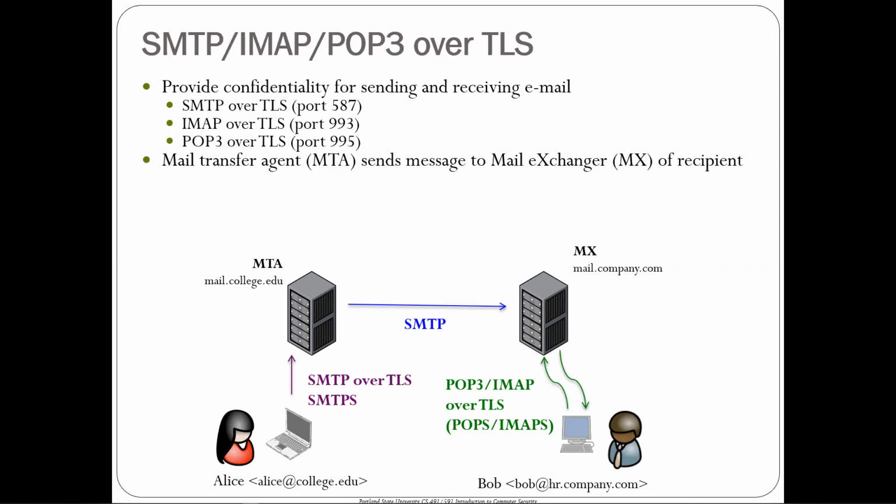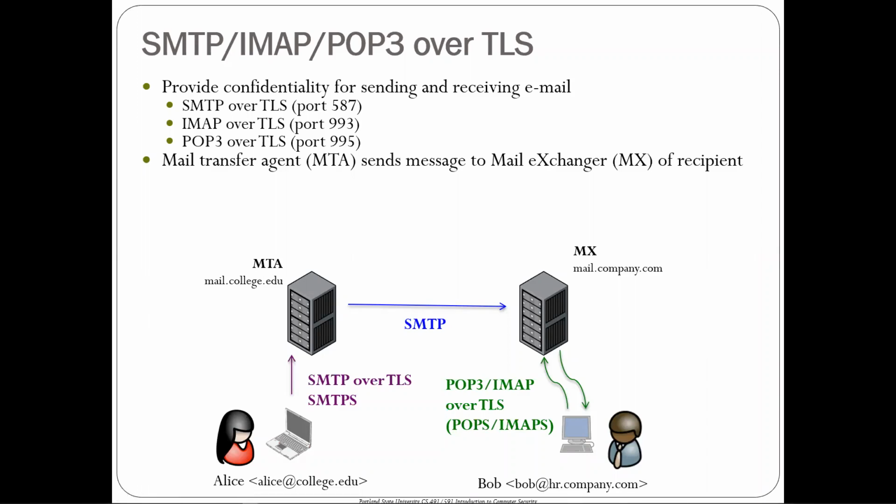And so the assumption here is that the adversary is not in between the mail exchanger and the mail transfer agent. And so this is the architecture. The mail transfer agent is the sending mail server, and the mail exchanger is the recipient mail server. This is terminology that you'll come across if you ever work with email architectures.